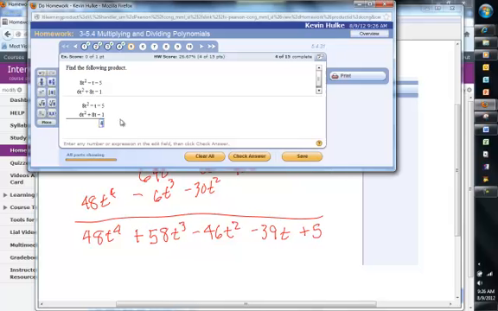All right, so it's 48t to the fourth plus 58t cubed minus 46t squared minus 39t plus 5. Next one.